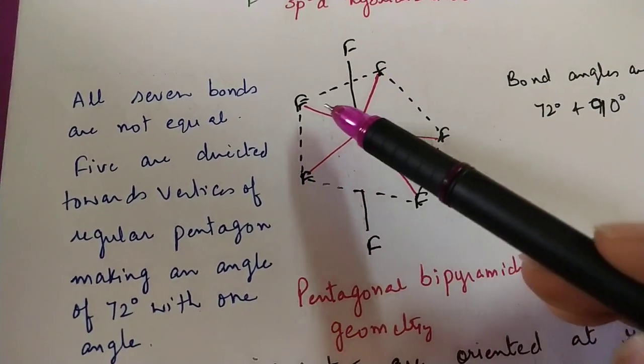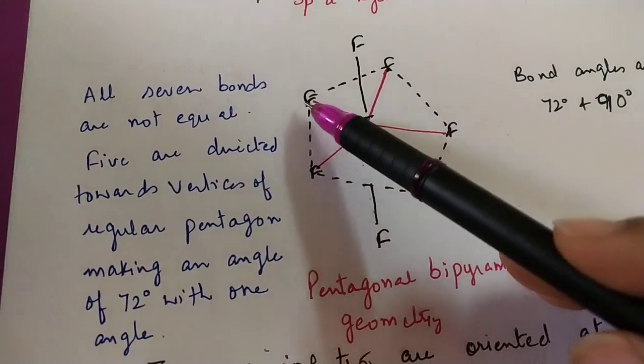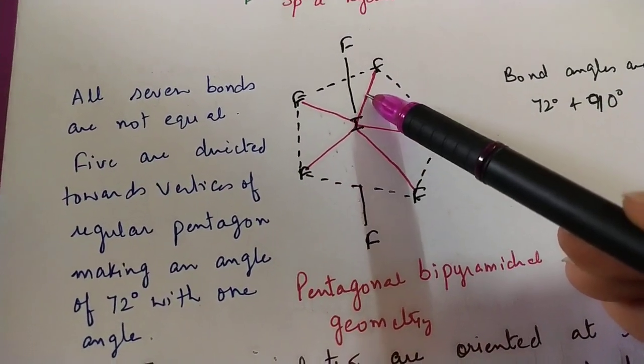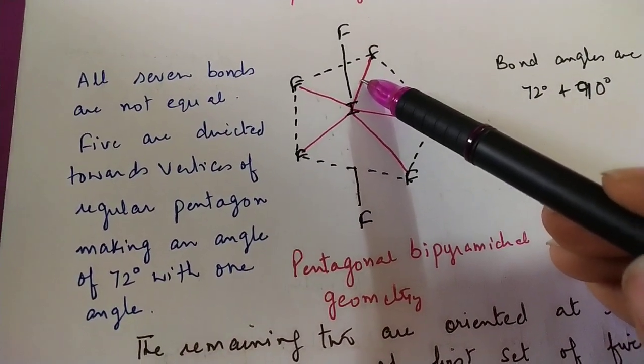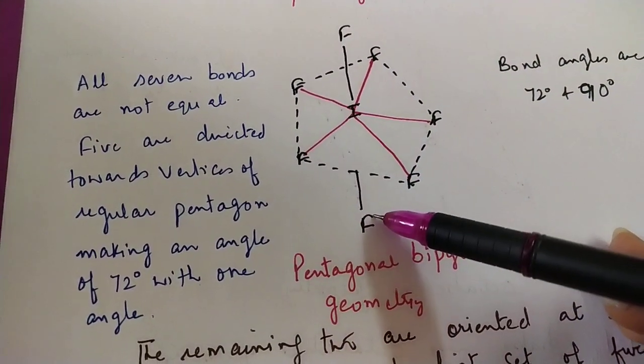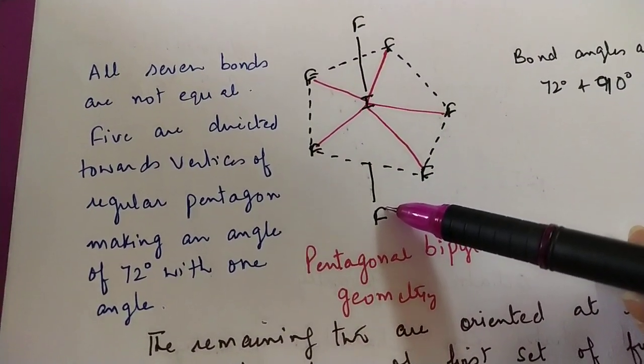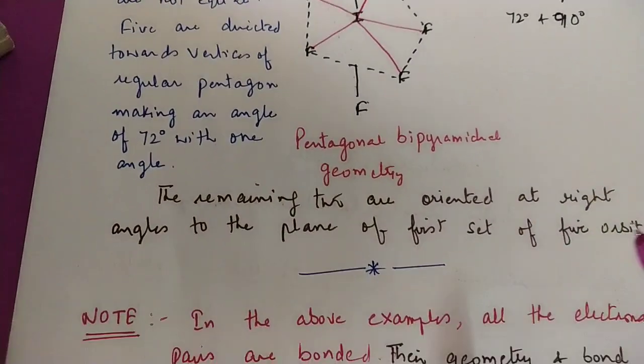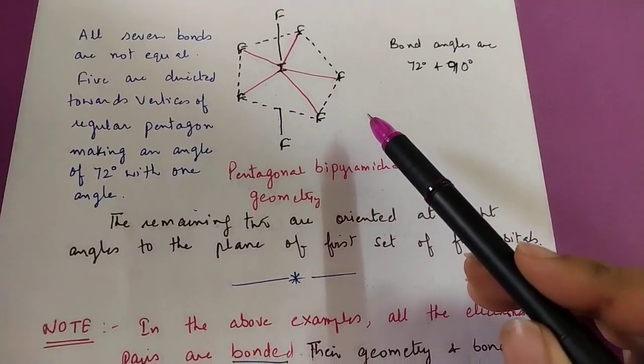There are 5 bonds, 1, 2, 3, 4, 5, at the vertices of a regular pentagon, making an angle of 72 degrees, and then there are 2 at right angles, forming an angle of 90 degrees. So this is how we can explain the hybridizations.